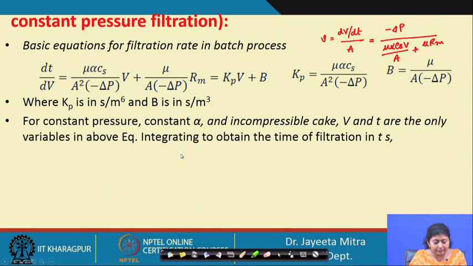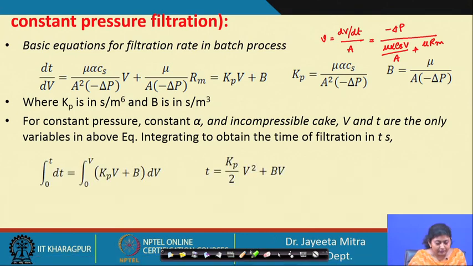So, we integrate this equation to obtain the time of filtration in t seconds. If we take dt on one side and dV on the other side and integrate, we can find the time of filtration in t seconds. So, from initial time t equal to 0 to t equal to t, dt is equal to the integration from the start, when no volume has passed through, to the final volume V, of Kp into V plus B into dV.